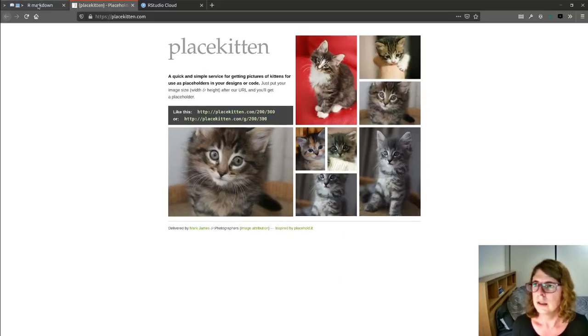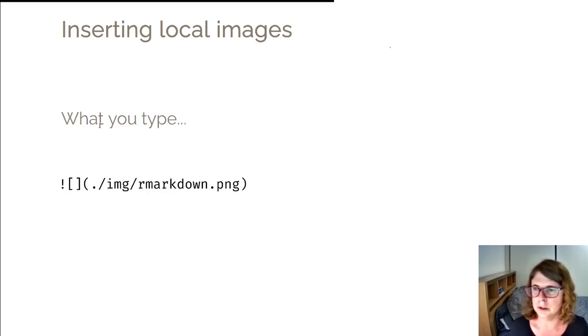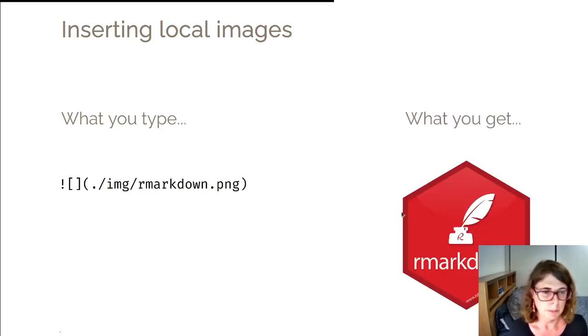All right. Now, you might be thinking to yourself, gosh, I want to create some images. I want links to images, sorry. So to do that, what you would do is type something kind of ugly, which I'll explain in a moment, and this will give you an image inside your document.